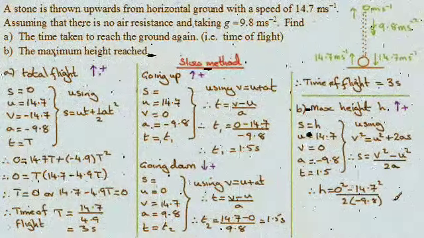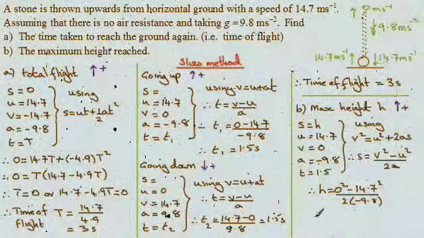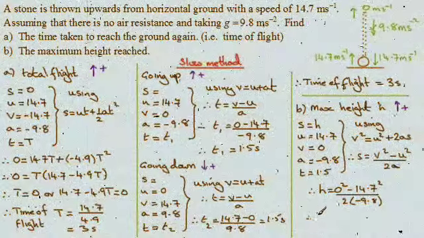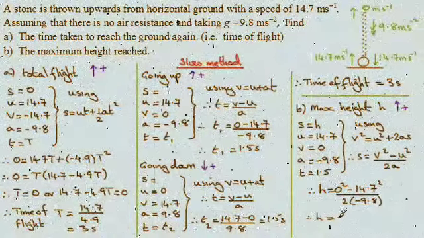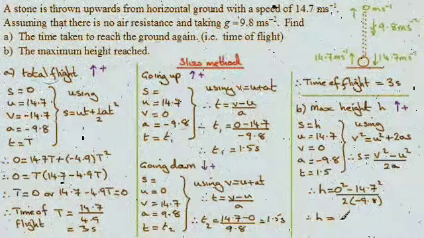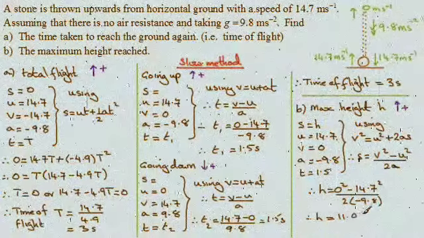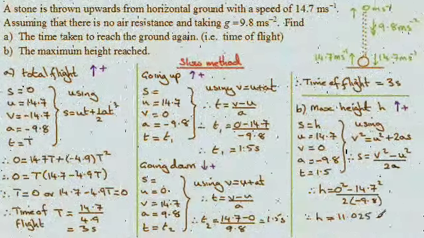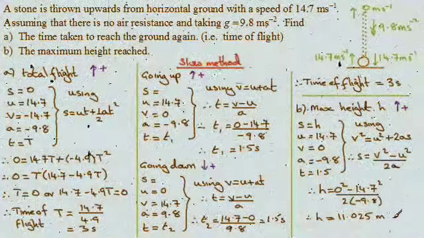And if you work this out, you end up with a positive value for h, as we would expect, and it turns out to be 11.025, and that be measured in meters.